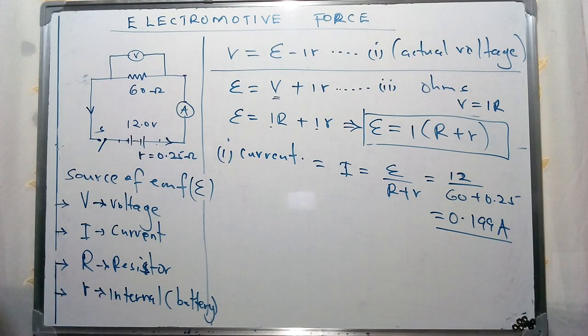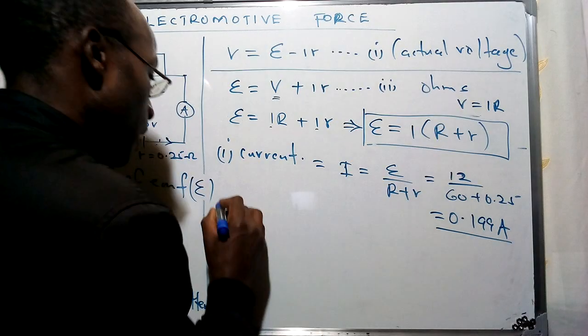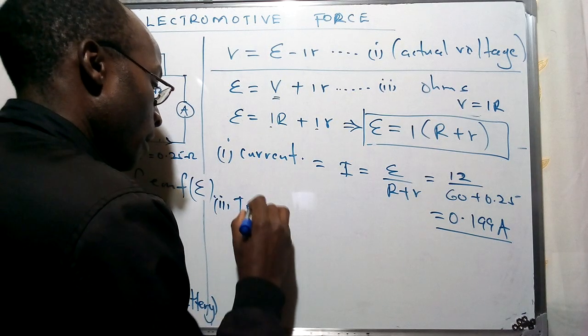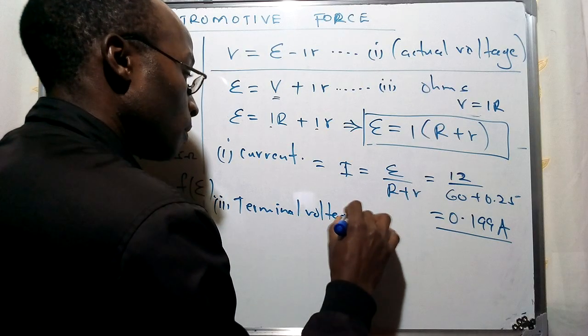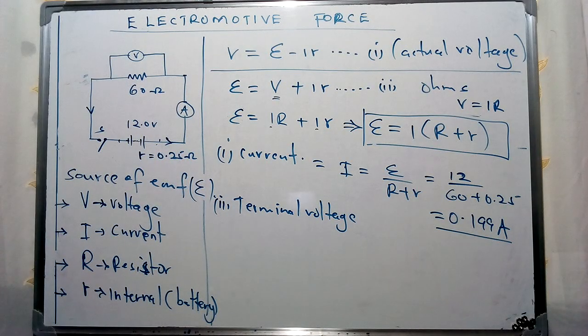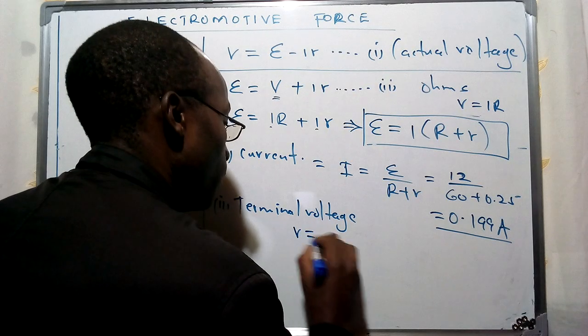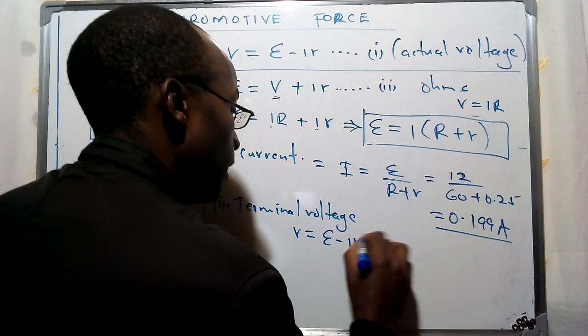Suppose we are required to find the terminal voltage of the battery. We can evaluate the terminal voltage of this specific battery by also using this equation 1, whereby we are going to have V equivalent to E minus Ir.